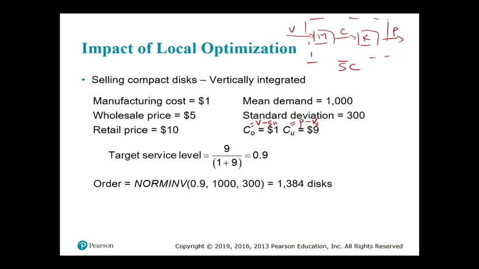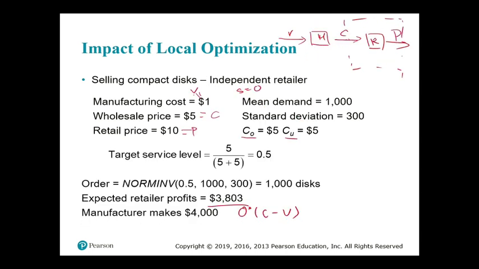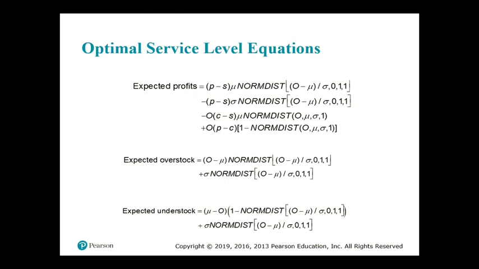Then we can calculate the total supply chain profit, again using this formula, but replacing C by V. Yep.